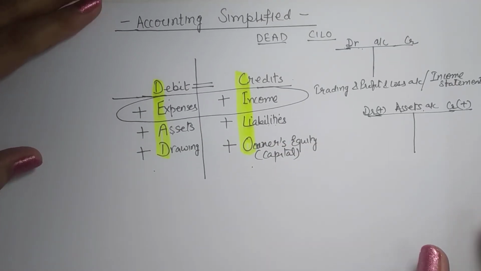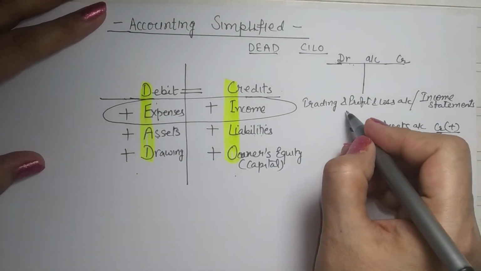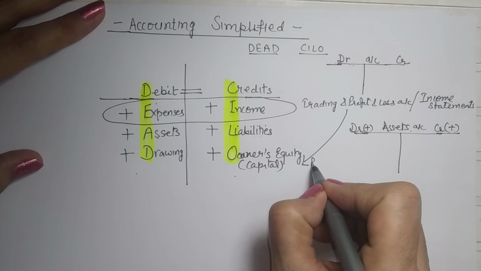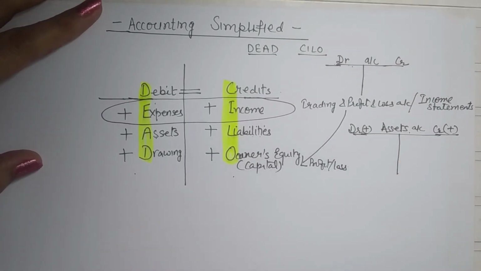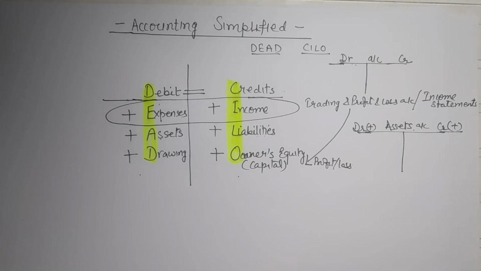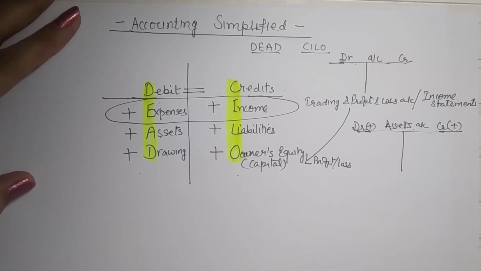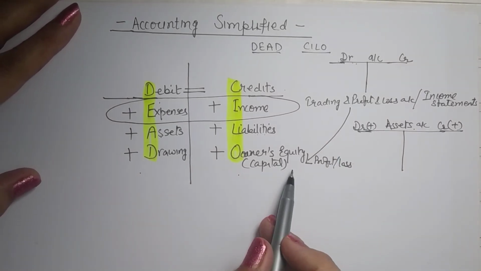So this income statement, which is a compilation of expenses and incomes, will tell us profit or loss, which belongs to the owner. In normal businesses, this is directly given to the owner, but in the case of companies, this is kept separate in the form of reserve and surplus. That is given later on in the form of dividend, etc. So you may keep it as retained earnings, as surplus, or you may give it as dividend in the case of companies, but in the case of sole proprietors and partnerships, profit is directly distributed among the owners.